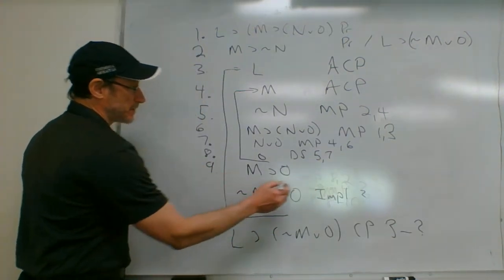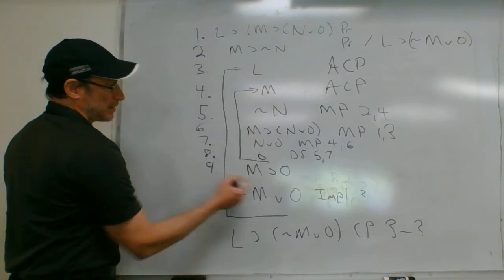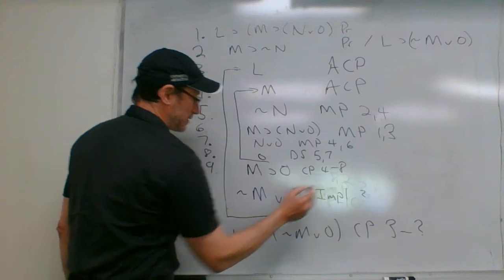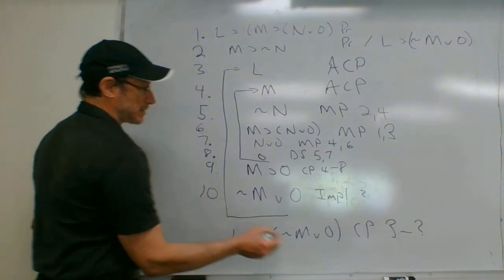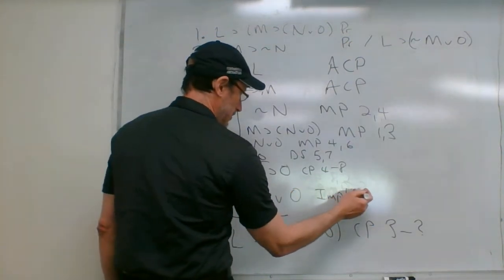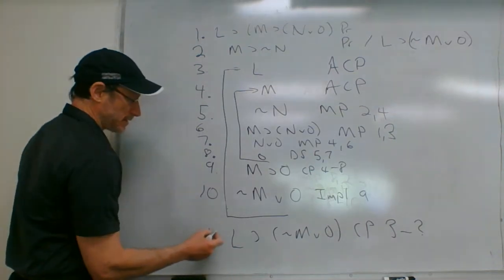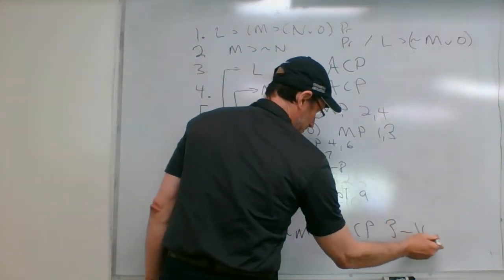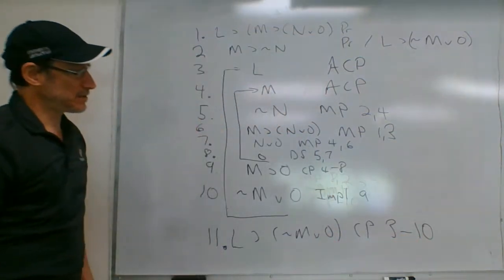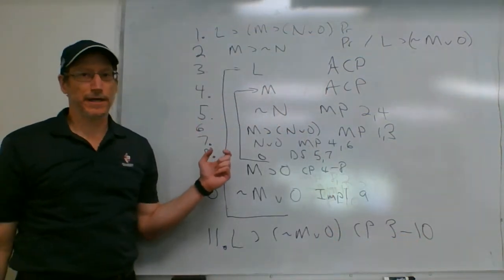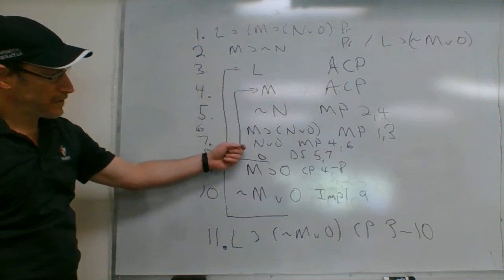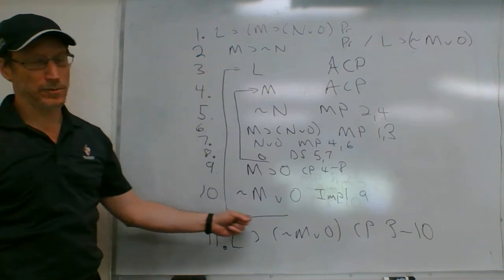And now I'm just going to fill in the numbers. This would be number 9 is CP on 4 through 8. And this is an implication on 9. And this is 11, CP on 3 through 10. Okay, so this example has a conditional proof inside another conditional proof.